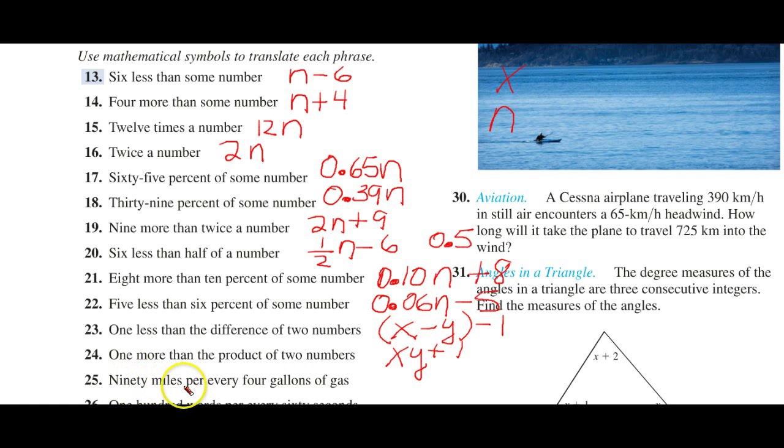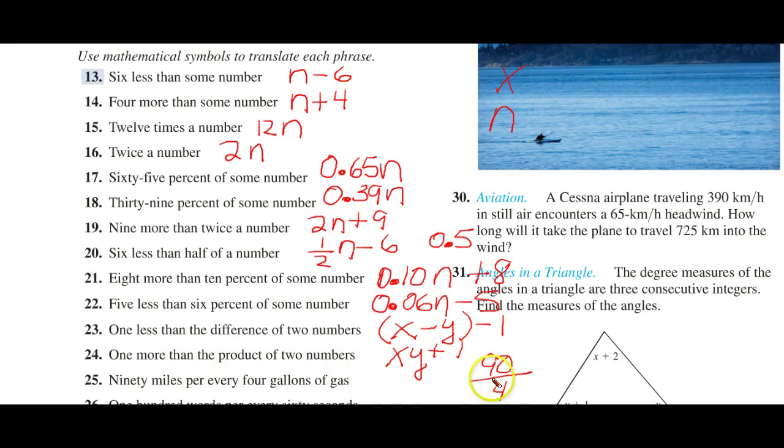90 miles per every 4 gallons of gas. So 4 gallons of gas per 90 miles. I needed to read that one a little more closely. So it would be 90 miles for every 4 gallons of gas.